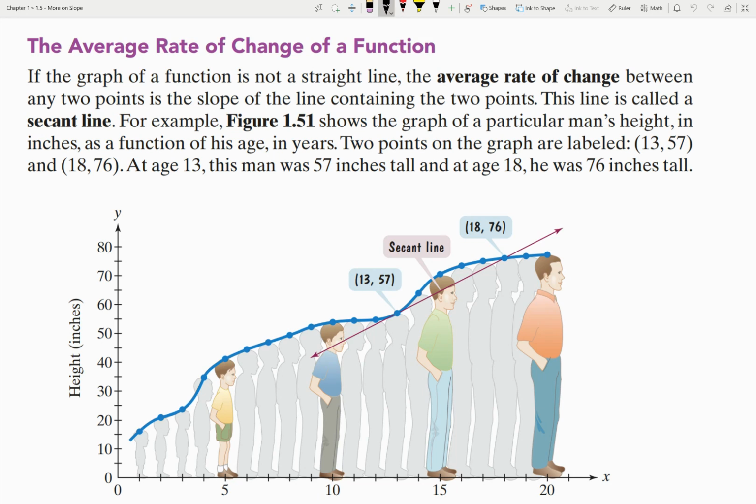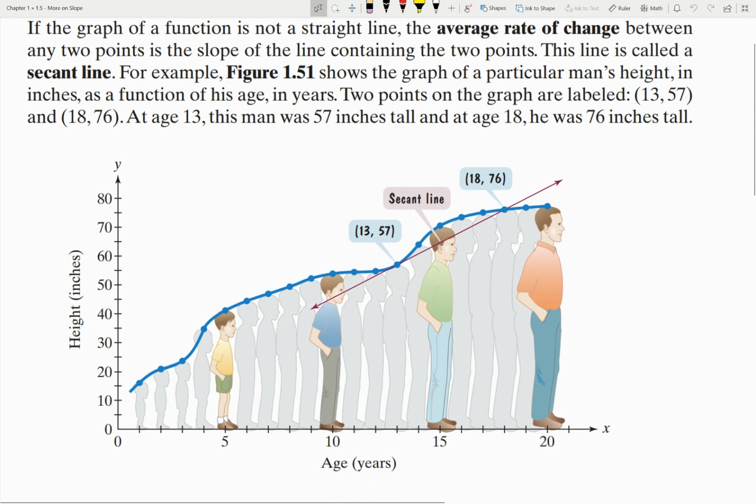And when you draw a line through 2 points that intersects the graph at both of them, that is called a secant line. If you look at this picture of this boy growing up, as he gets older and older, you can see that some years he grows fast, some years he grows a little bit slower. Some years it looks like he flattens off a little bit.